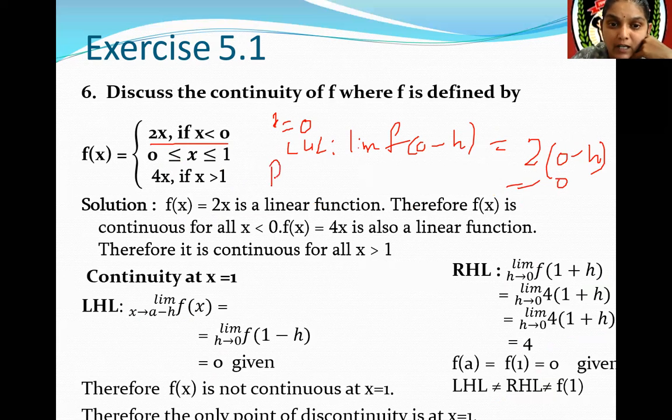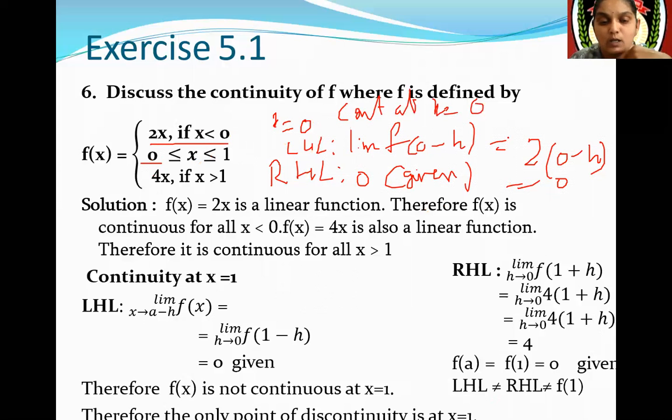And for the right hand limit of f at 0, when it exceeds 0, I have the constant function. It is 0 because they have given it. Hence, left hand limit is equal to right hand limit is equal to the value of f at 0. Hence, the given function is continuous at x equal to 0 also. Then the only point of discontinuity is at x equal to 1. Okay, I hope you understood.